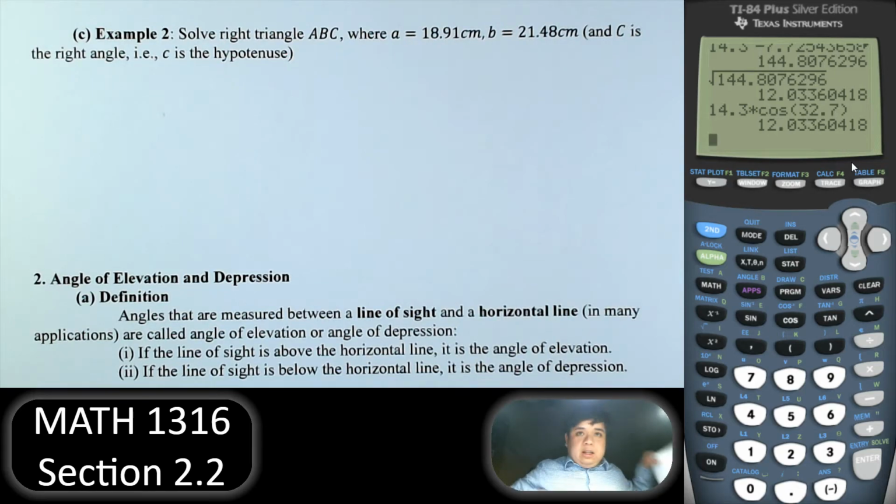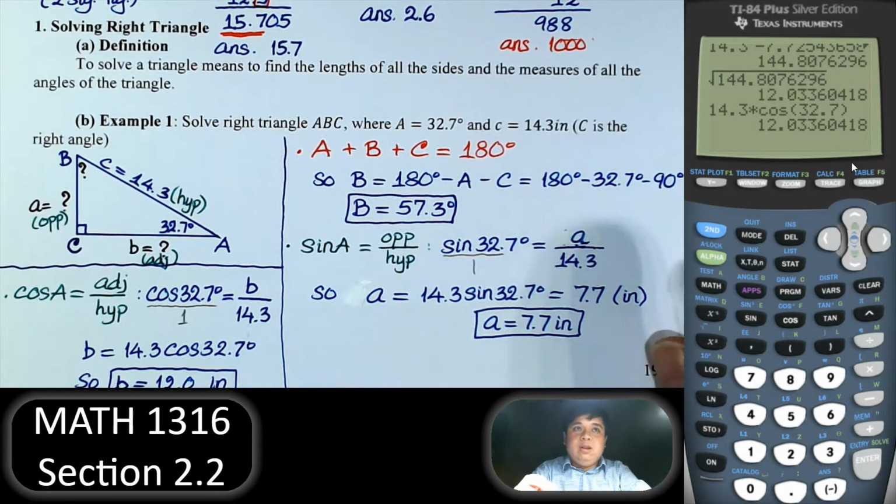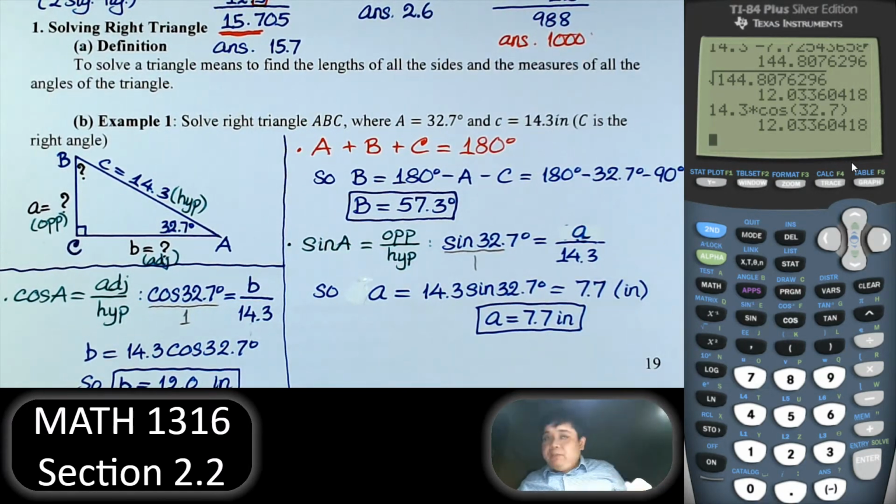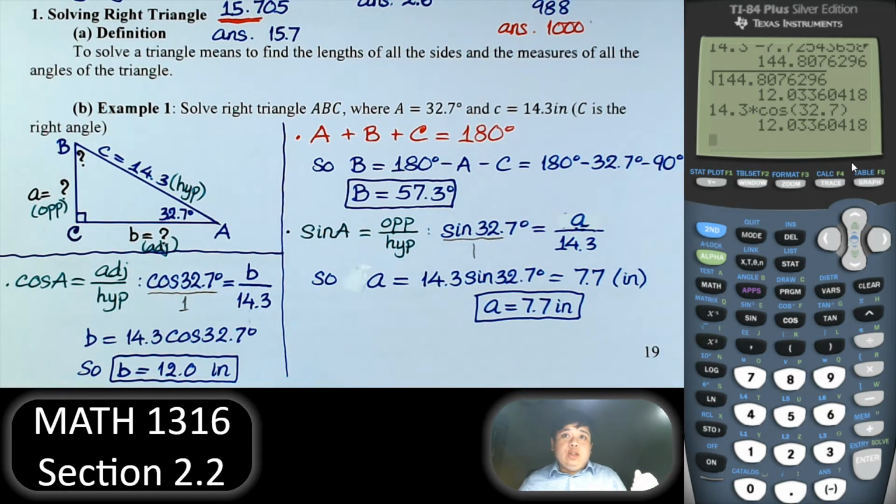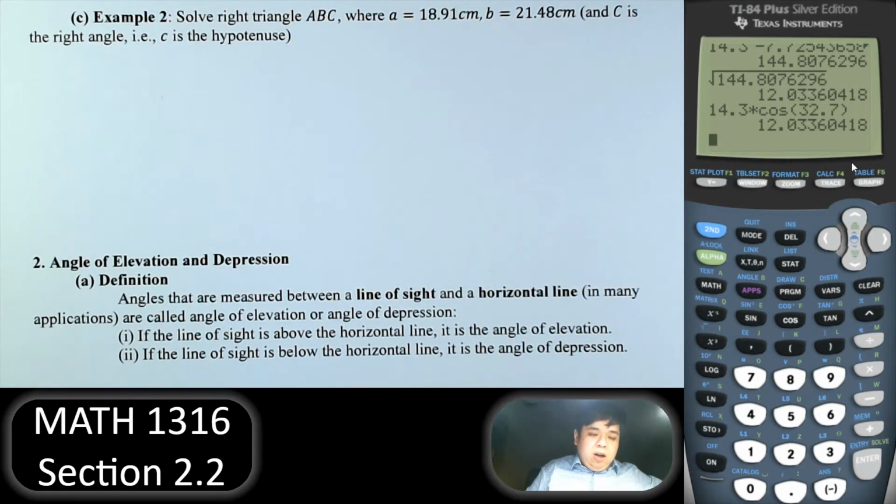Okay, let's look at this one more time. So I'm just going to draw a generic triangle and then put the information in, so we know what we don't have and what we have. Right, solving a right triangle.